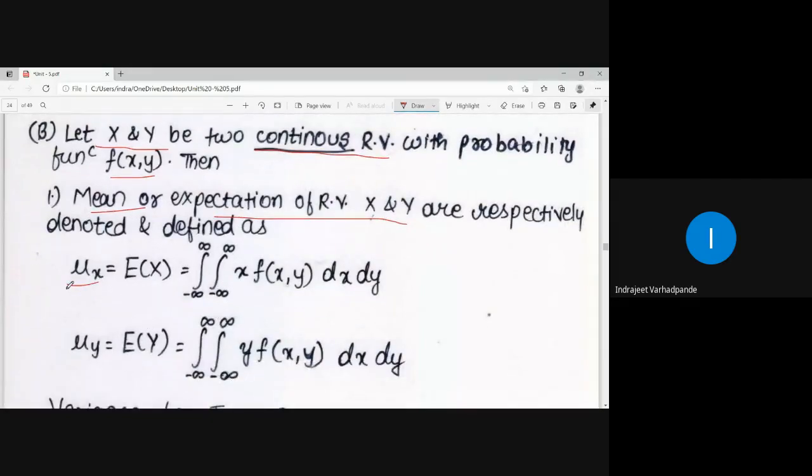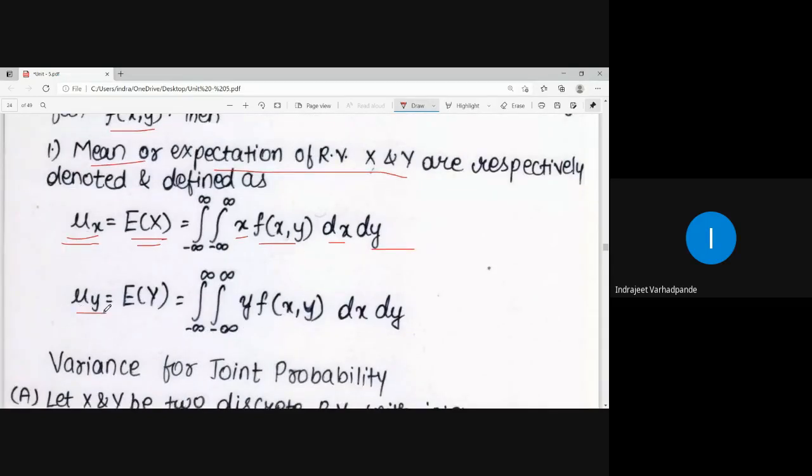So mu X will be nothing but expectation of X, which will be calculated by integral minus infinity to infinity, integral minus infinity to infinity, X multiplied by f of xy dx dy. Similarly, expectation of Y, that is E of Y, will be given by integral minus infinity to infinity, integral minus infinity to infinity, Y multiplied by f of xy dx dy.